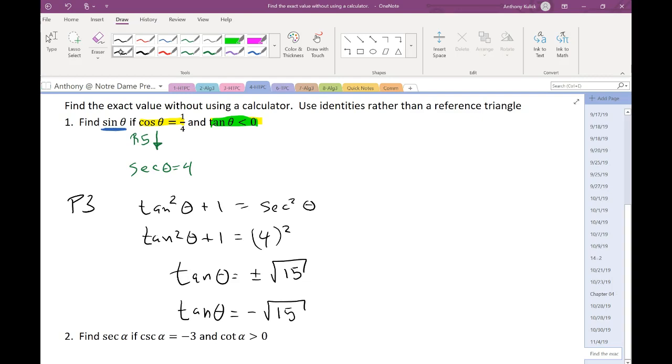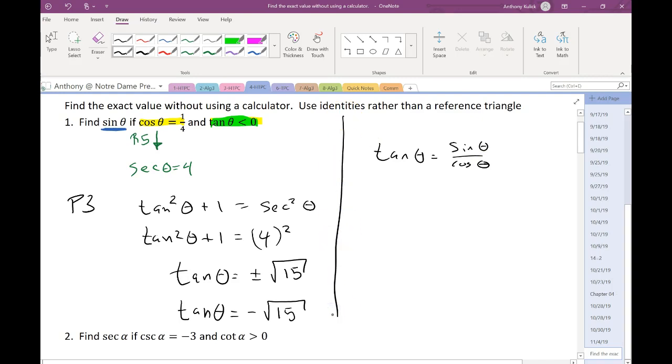Ben? Yeah, the first quotient identity that says tan theta is equal to sine theta over cosine theta. Now to solve for sine, I'm just going to multiply both sides by cosine theta.